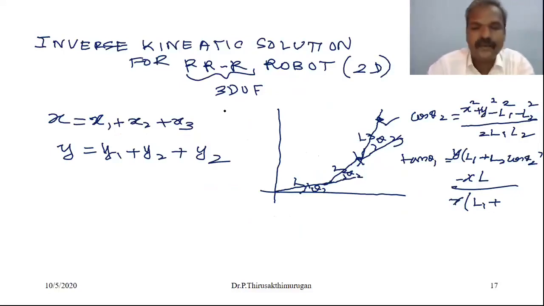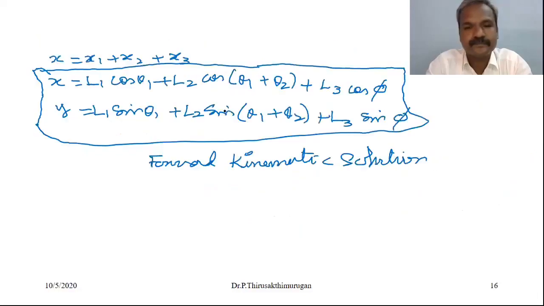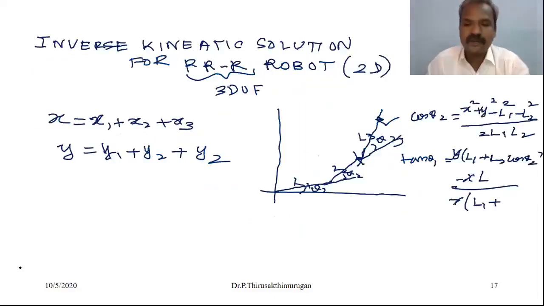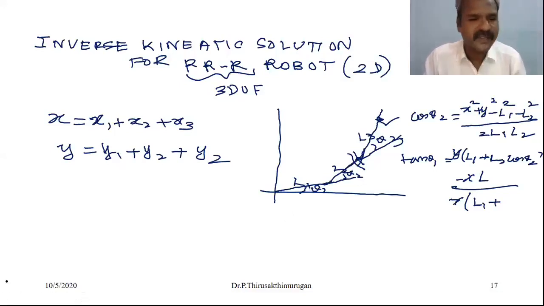So to determine the reverse kinematic solution, we are going to consider up to this point. So up to this point as a solution. So what is x3?